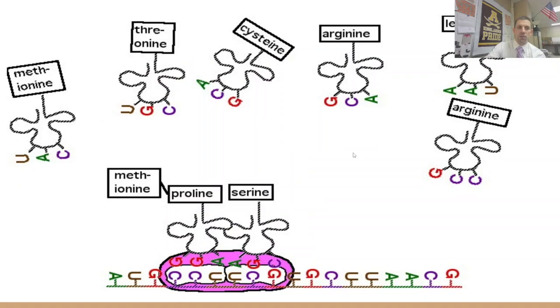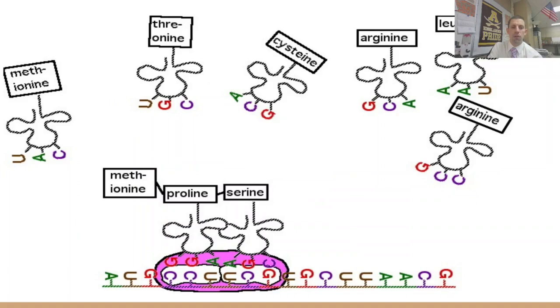It's important to note that the tRNA with the code UAC only ever carries methionine. That allows it to be specific so that this mRNA code will always code for the same protein every single time. If these tRNAs just grabbed any amino acid they wanted, there's no way this code would produce the same protein over and over again.